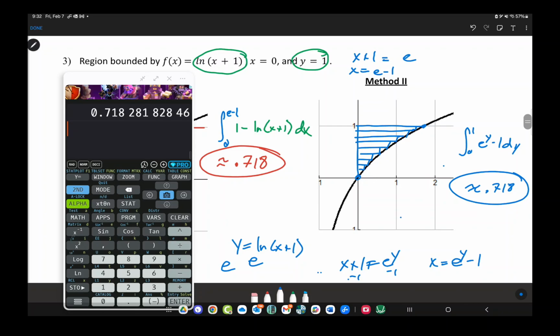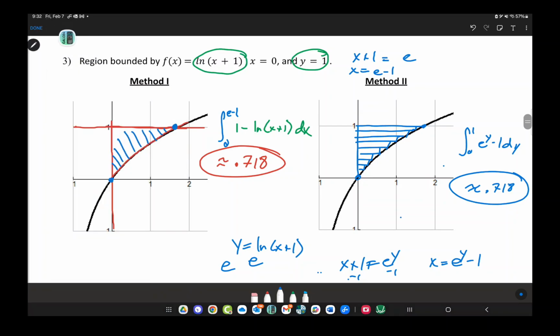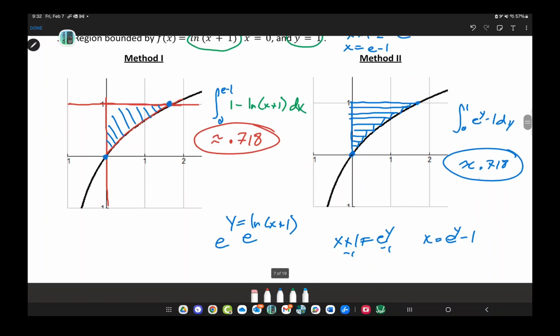So yeah, it still would work if we plugged that in the calculator. But if this was a no calculator question, I don't know how you do this without a calculator.